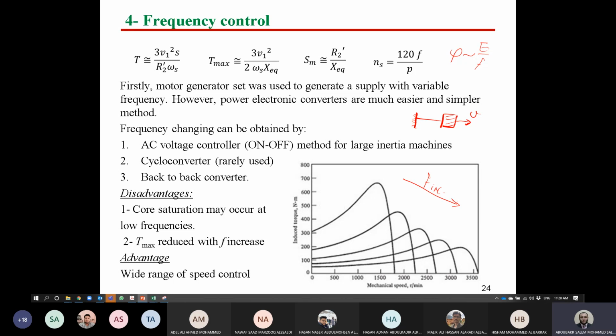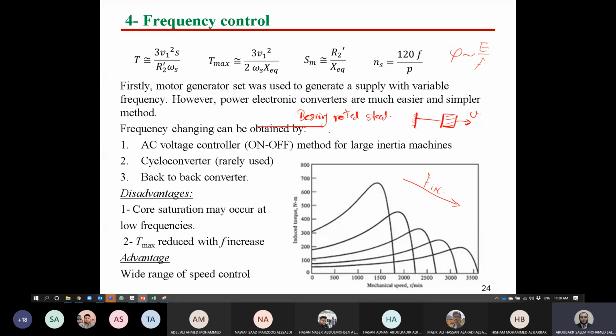Well, is the speed increase considered as a problem? Sometimes we need to increase speed. This is regularly done for speed control. However, if the speed of the machine increased over the bearing rated speed, this may damage the machine bearing. For any machine, guys, we have a bearing rated speed.